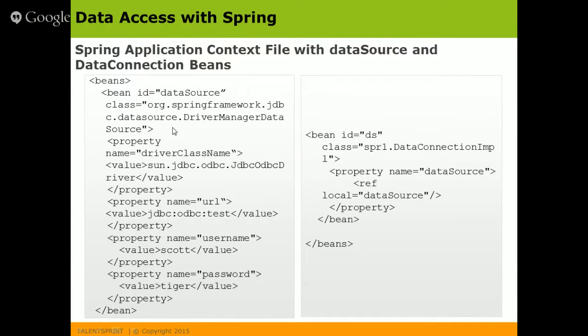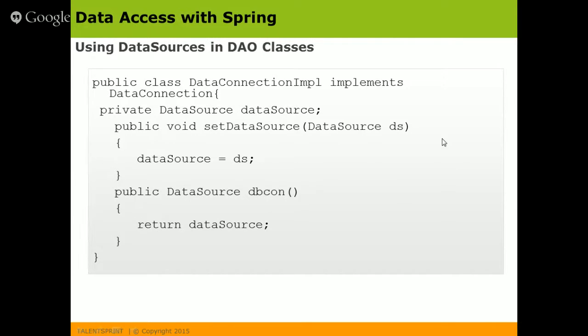It's a normal database connection using the Spring framework. And you can see the other configuration, like DS, the data connection implementation. Exactly, we are using the setter method and we created a private data source object. So how does Spring know that I have to inject the object into the data source in the particular class, data connection implementation?